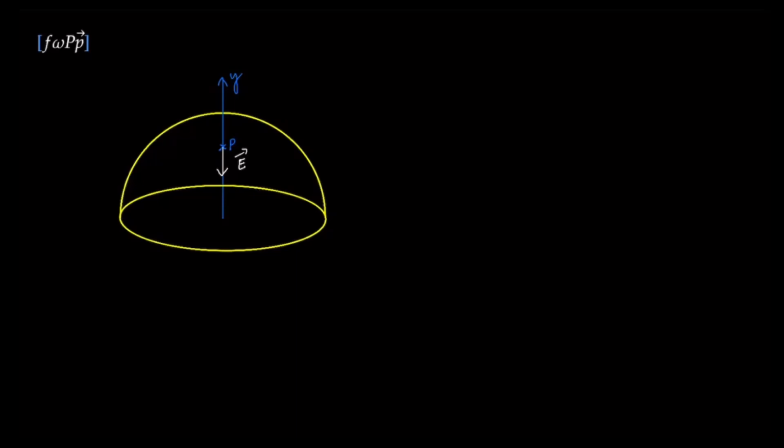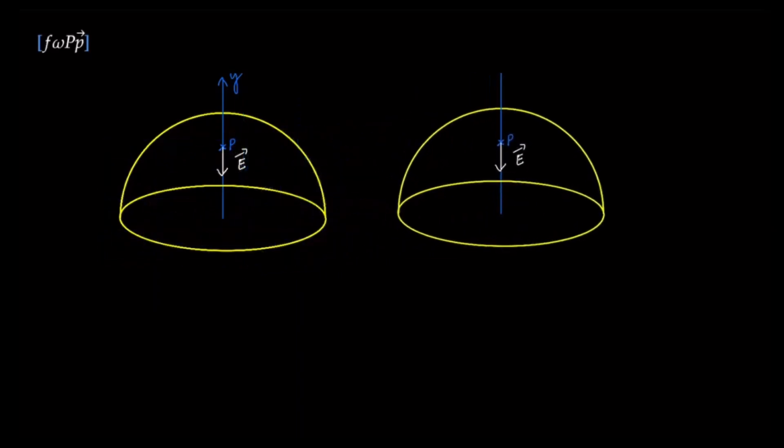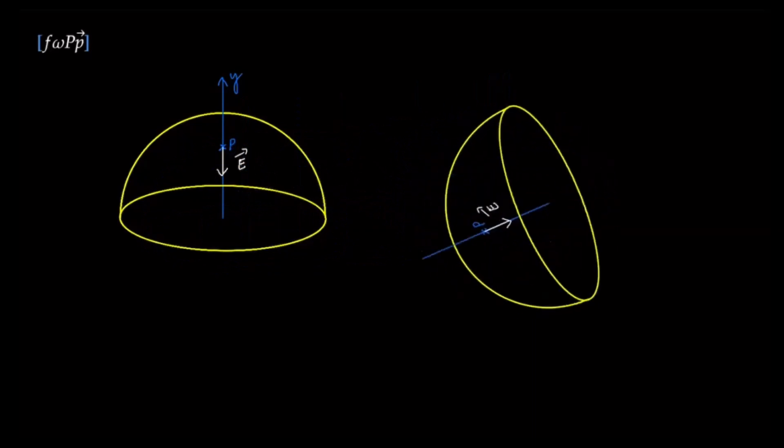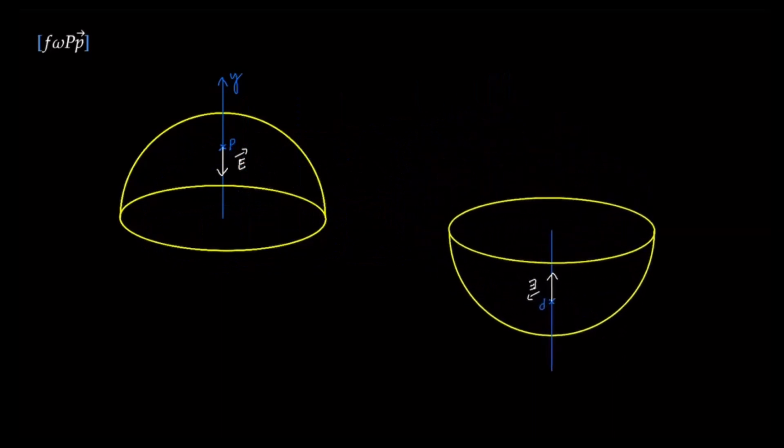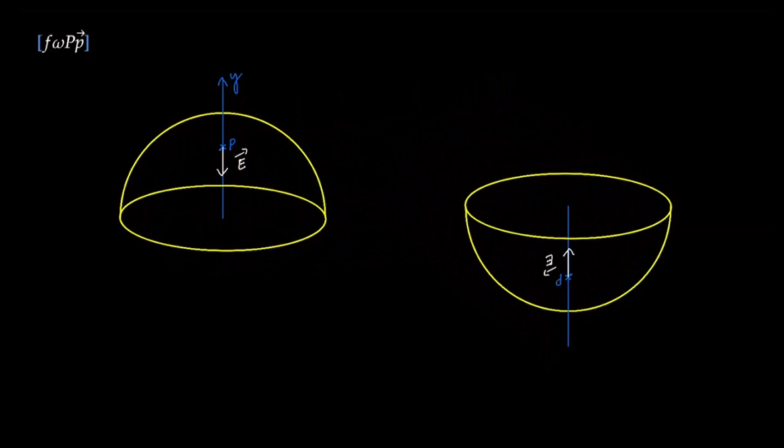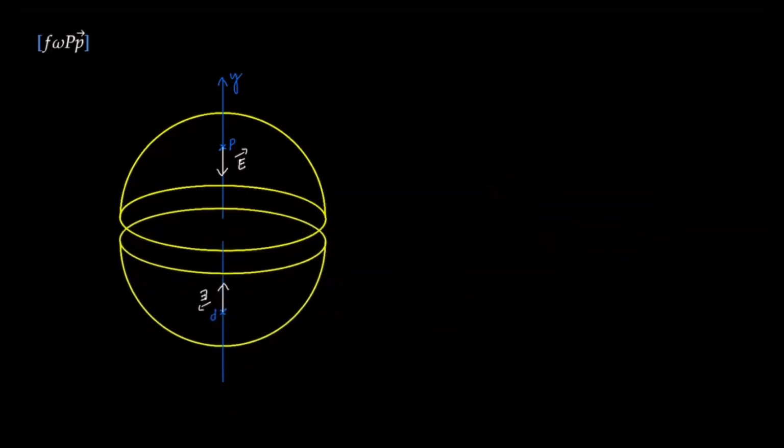So let's make a copy of the upper hemisphere and rotate it. After rotation by 180 degrees, if we were to bring the lower hemisphere and complete the sphere, we know that for all points inside the sphere, the electric field should be 0.